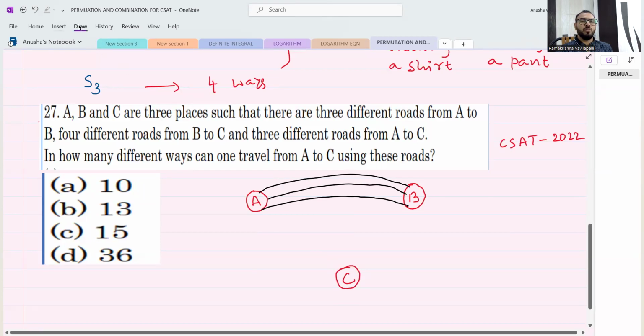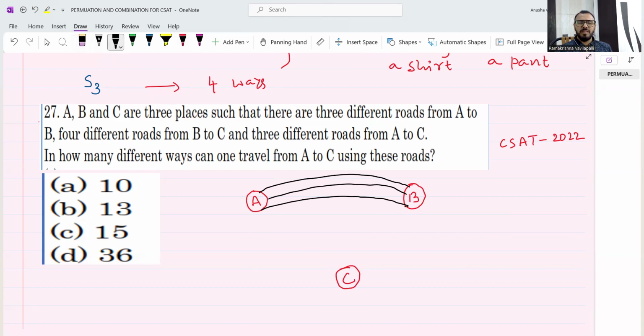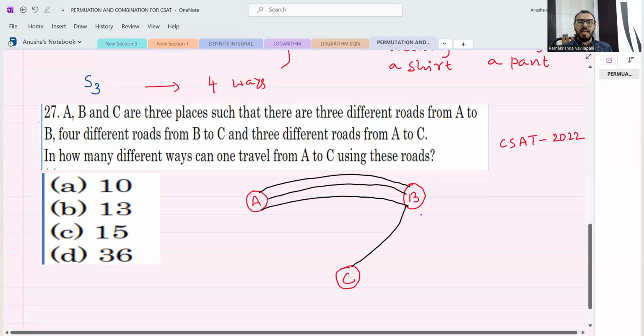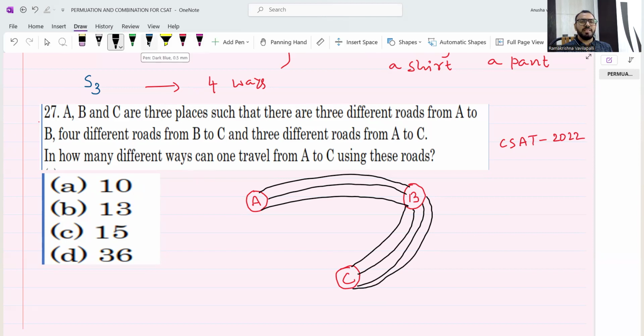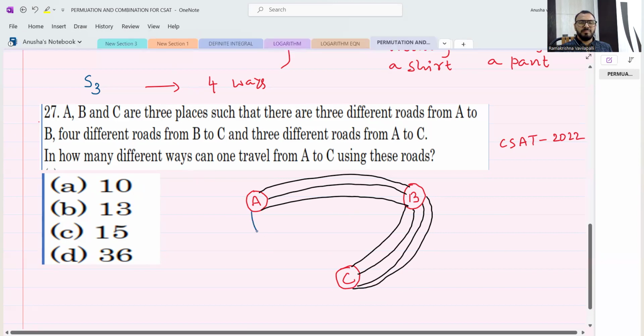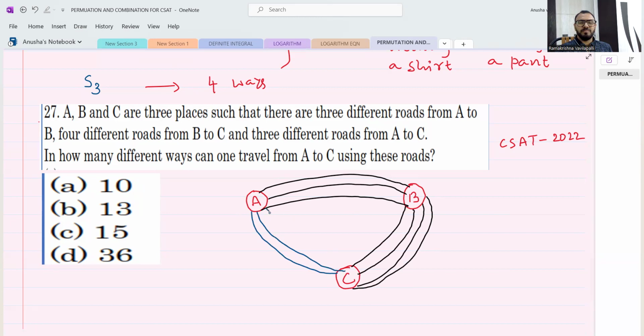If you are feeling that I am teaching slow, you can listen at 1.5 times speed also. And there are 3 different routes from A to C, like this.